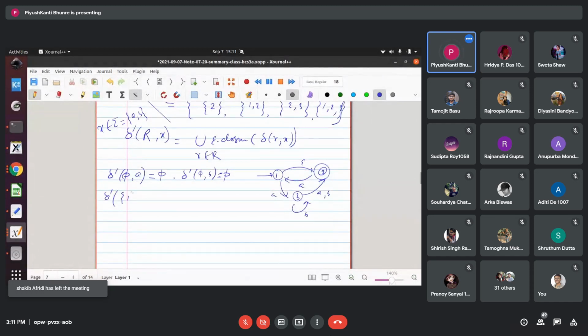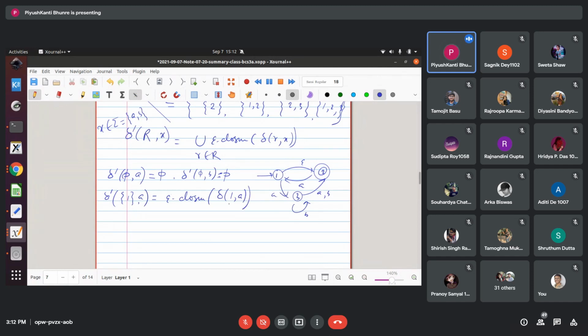So for state 1, what will be the transition state after receiving symbol A? So basically this is the epsilon closure of 1, right? If I write it a little bit clearer, delta 1A.